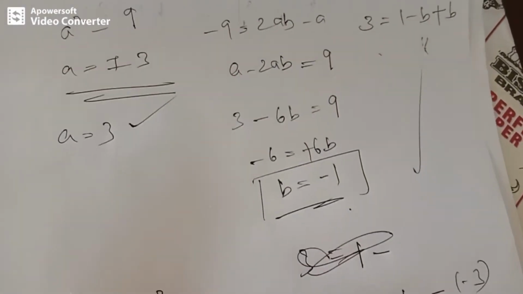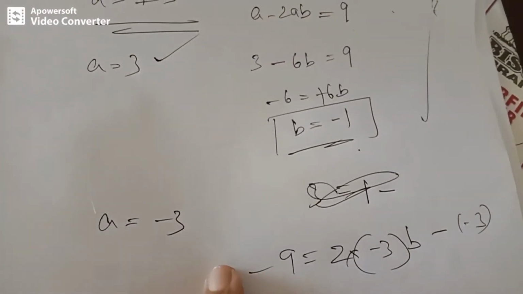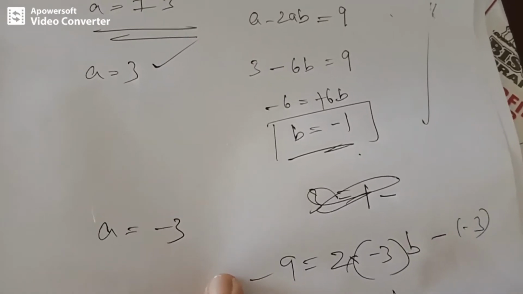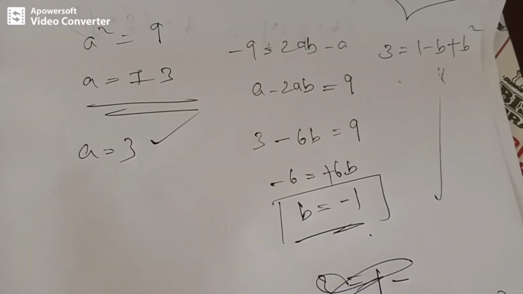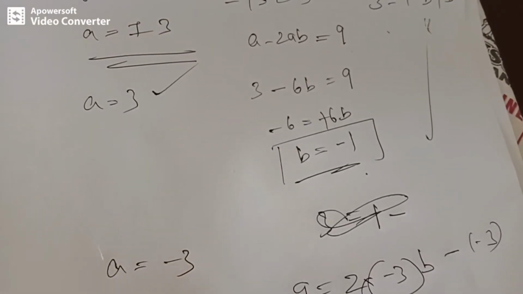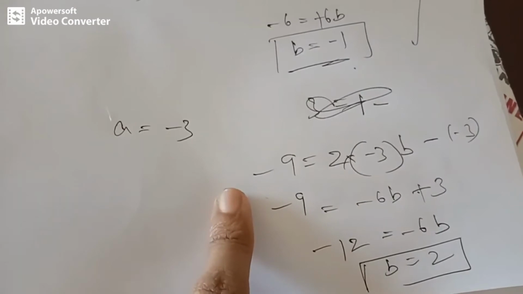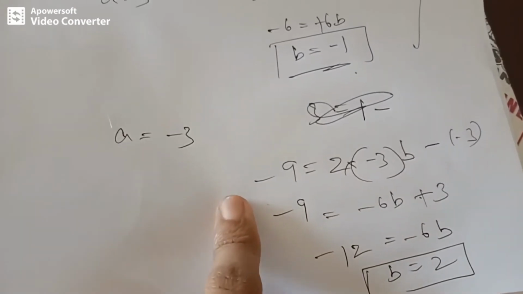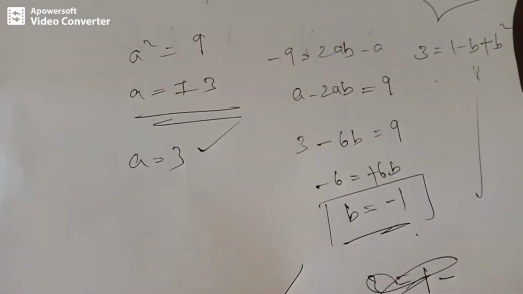Here we will get minus 9 equal to minus 6b plus 3. Or in other words, I will be getting minus 12 is equal to minus 6b, or b equals 2. So when a is equal to minus 3, I will be getting b is equal to 2.